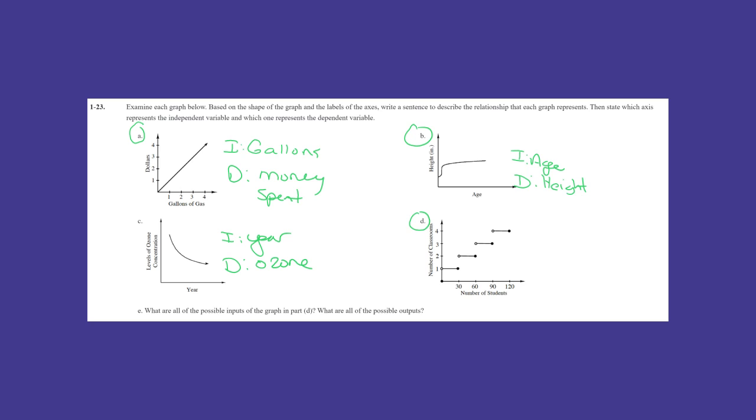D is a step integer function. As the number of students grow, there's going to be more classrooms needed, but you can only do 30 students. So it's every 30 students, there's another classroom needed. So independent is students. Dependent, capital D, is number of classrooms. And that ends the discussion on this one.